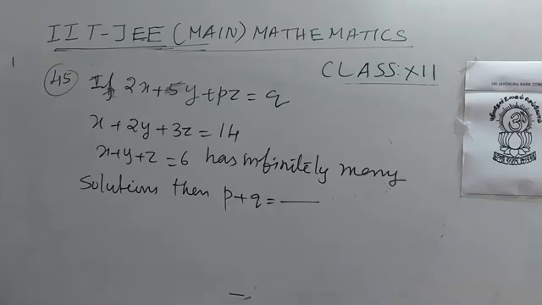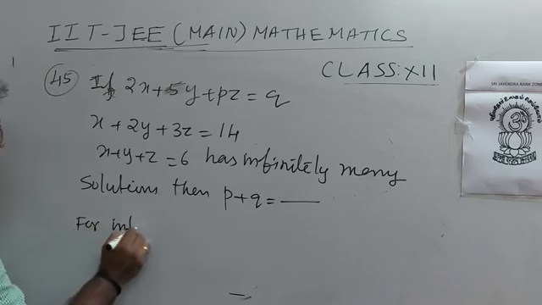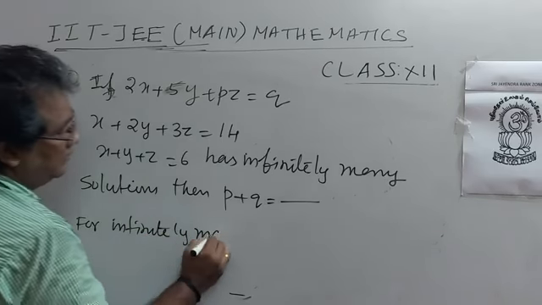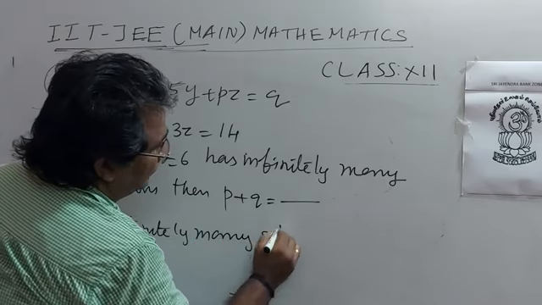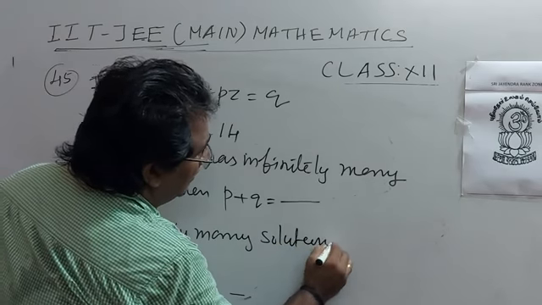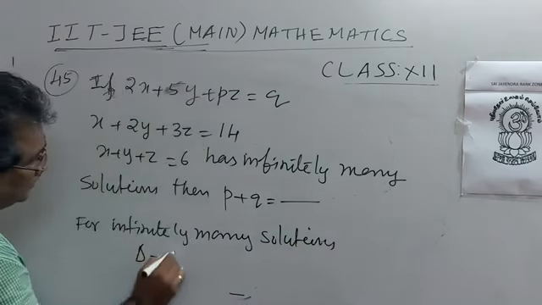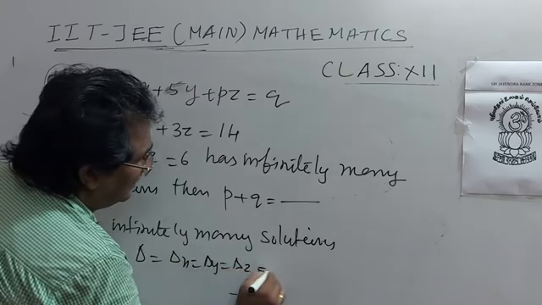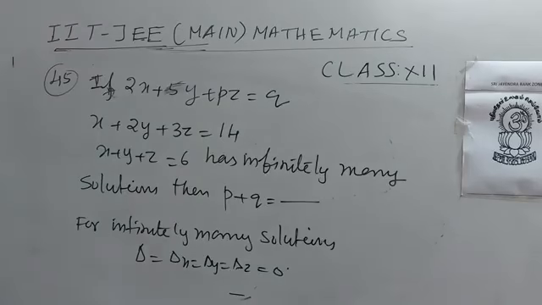So for infinitely many solutions, delta equals delta x equals delta y equals delta z equals 0.